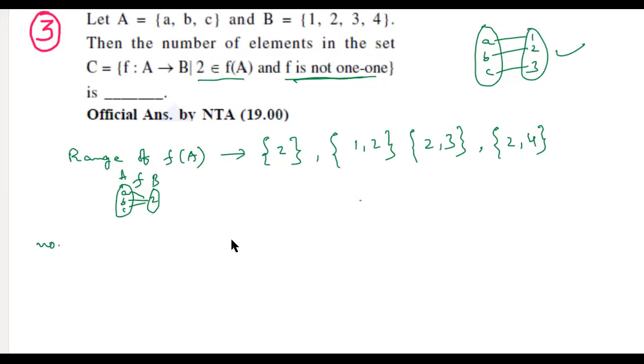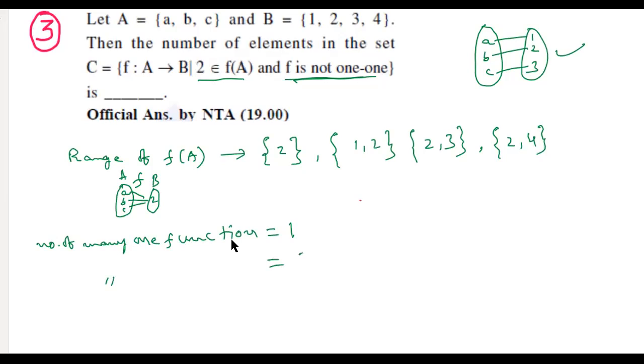So the number of many-one functions: if a single element is taken, only one function is possible. If two elements are taken, then the number of many-one functions.